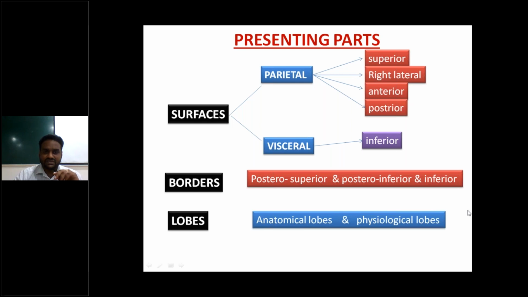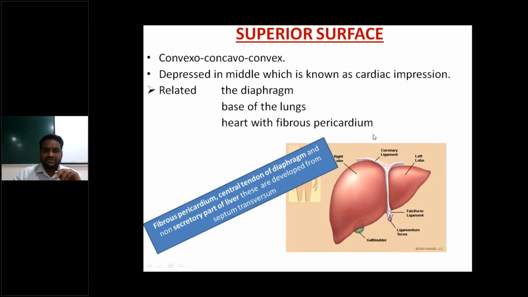First of all, we see the surfaces of the liver. The first surface is the superior surface. In this picture, with the arrow, I'm showing the superior surface, the first surface. This superior surface is convex, concave and convex.